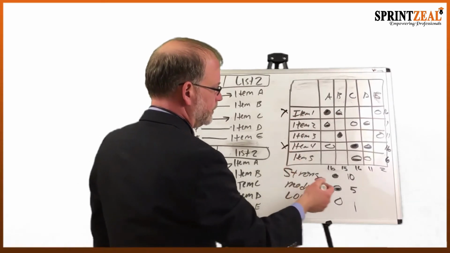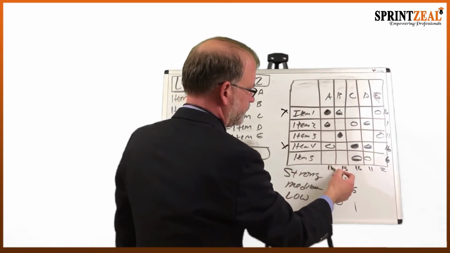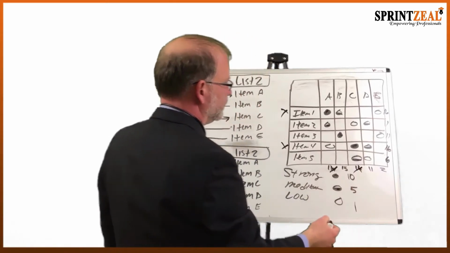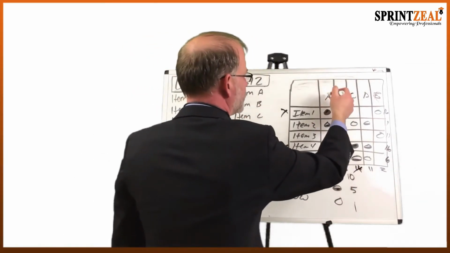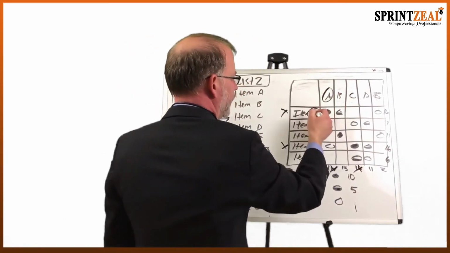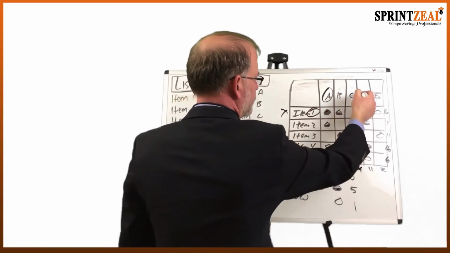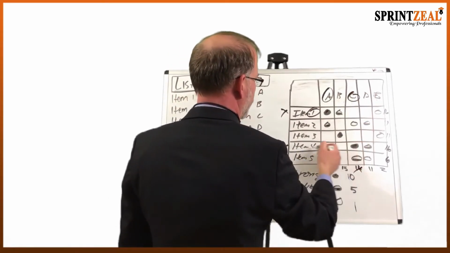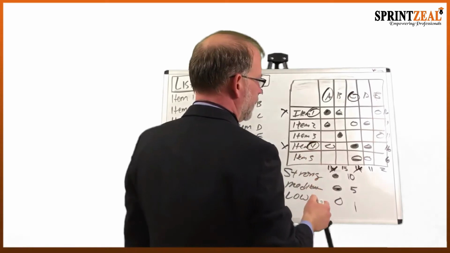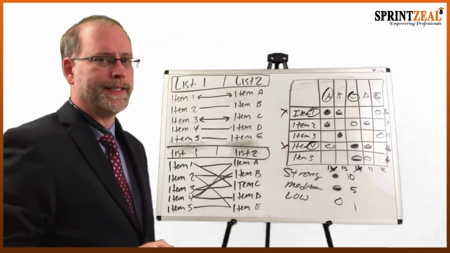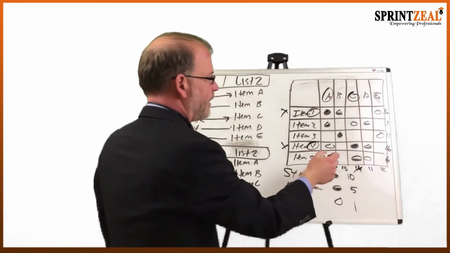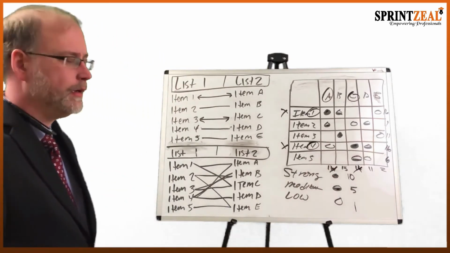This is pretty big. This one's pretty big. And that one's pretty big. So I know that my relationships between A and 1, C and 4 are probably where I need to spend the most of my time because of the value that it's come out to be.